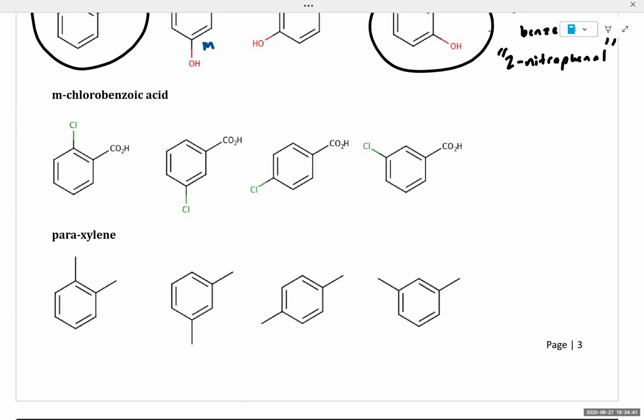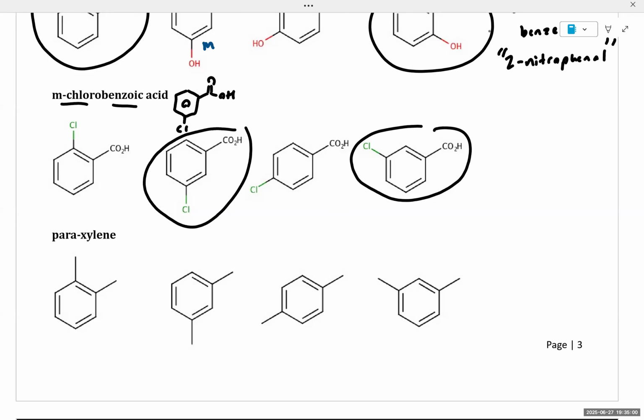So metachlorobenzoic acid. Benzoic acid means we have the carboxylic acid, and meta means there's a 1,3 relationship between the carboxylic acid and the chlorine group. That would match these two structures here. This compound has the ortho relationship.